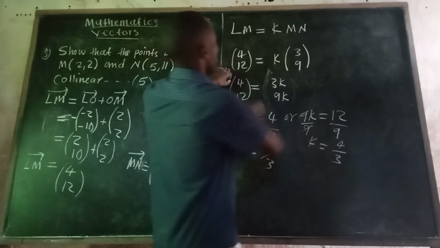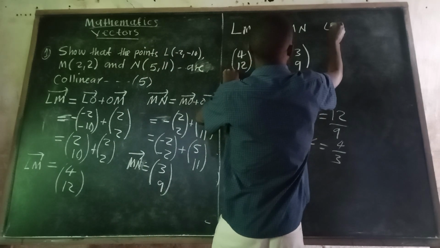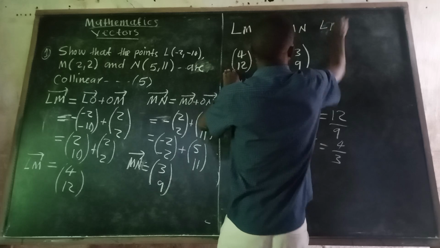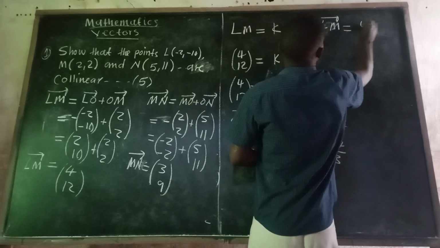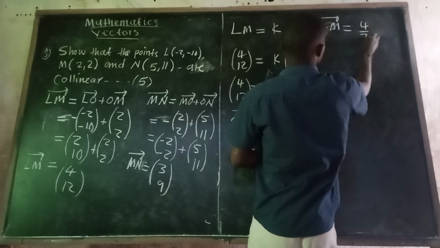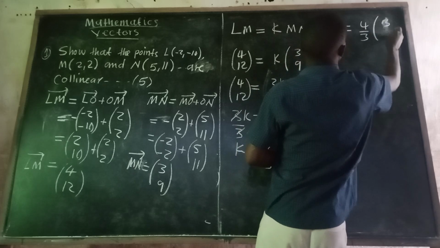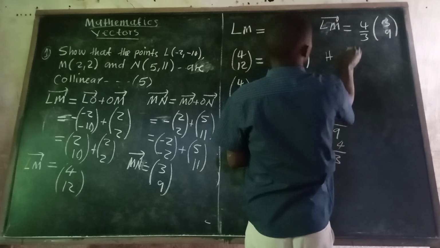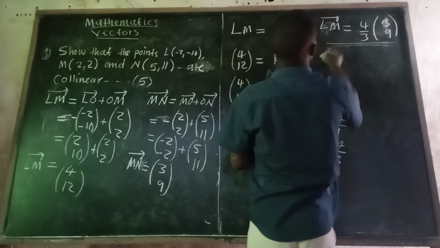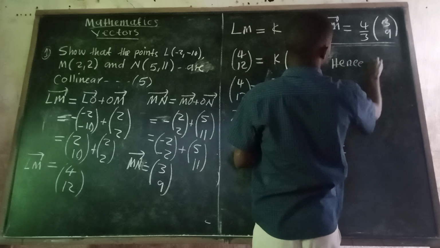So let me now write it the way it's supposed to be. Vector LM is equal to 4 over 3 times (3, 9). Hence, they are collinear. Hence shown.